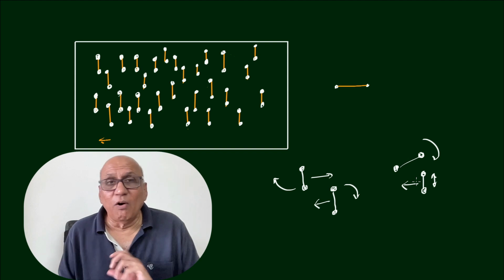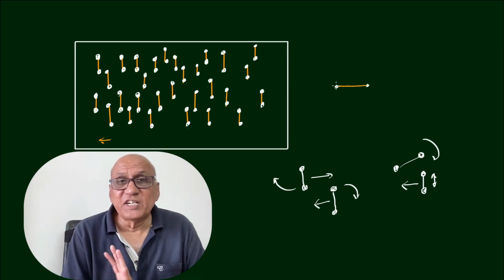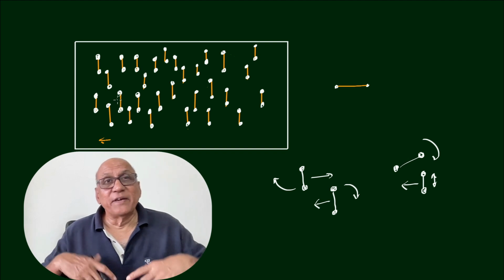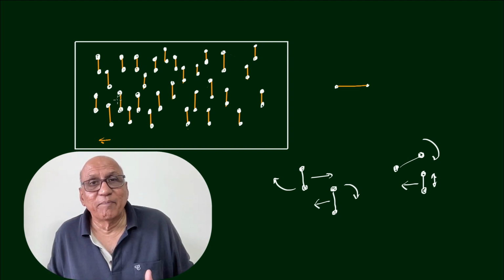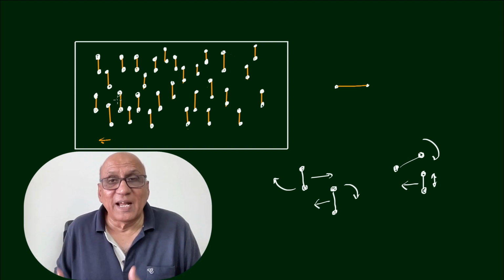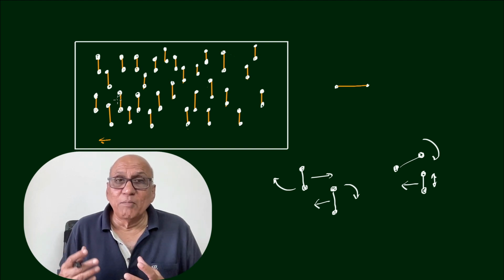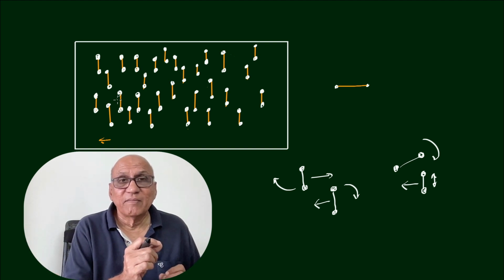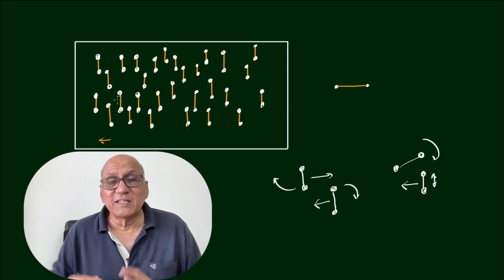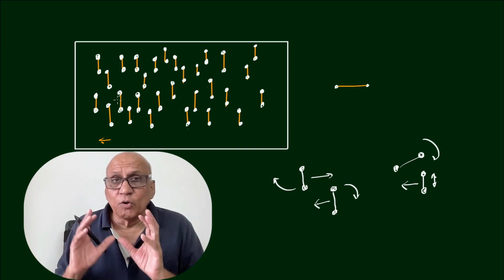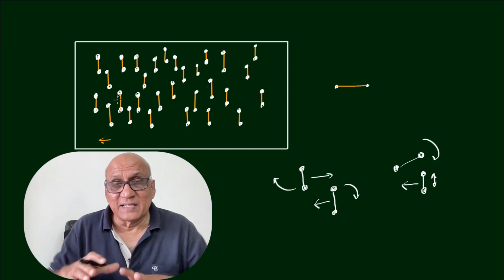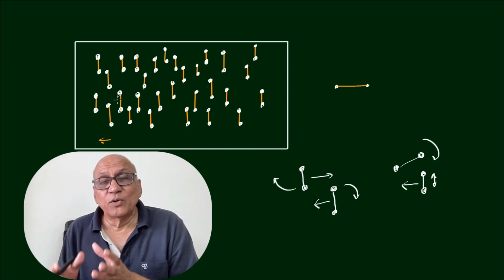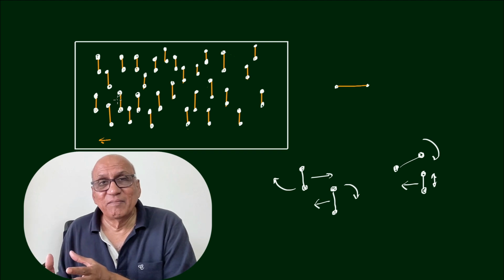So pretty soon through all these collisions, what was initially entirely translational kinetic energy has now been redistributed into rotation as well as vibration. So pretty soon all the molecules are translating. That means the center of mass has a velocity. They are rotating about the center of mass and they are also vibrating. So all the energy that we initially had in the gas has now gotten redistributed into translation, rotation, and vibration.